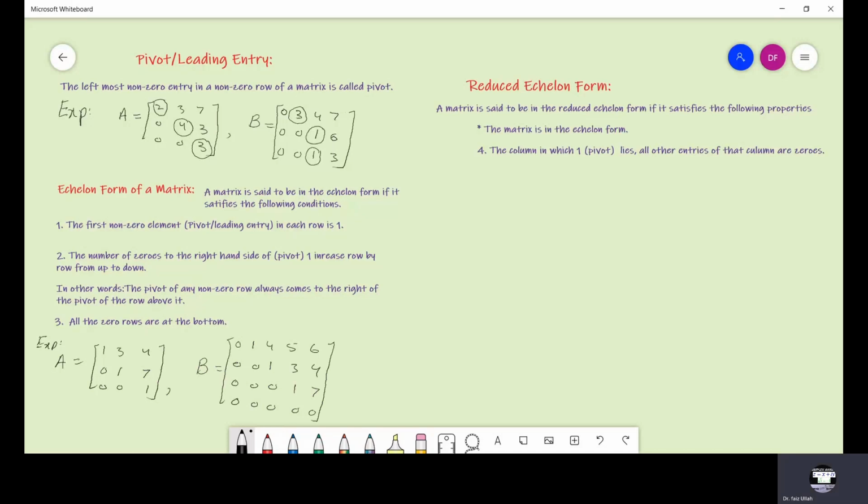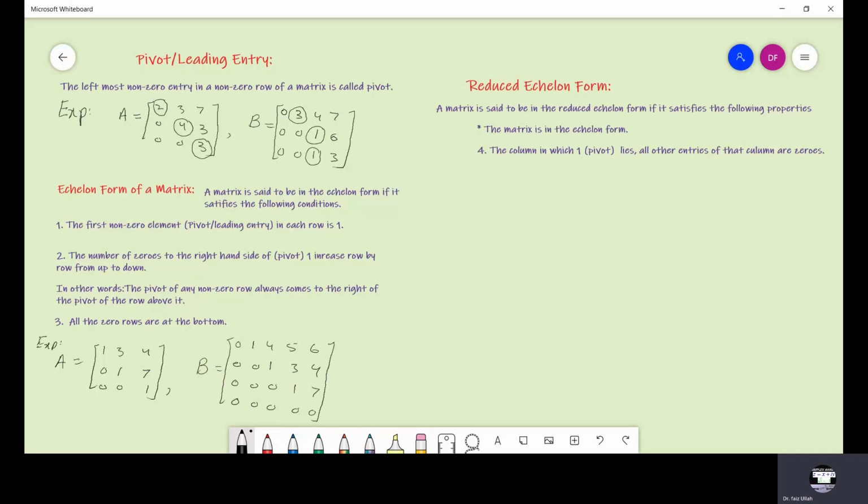We can see that in each row, the first non-zero element is 1.